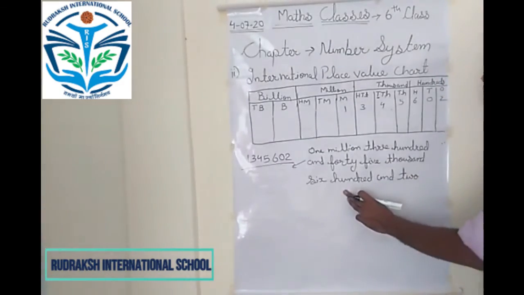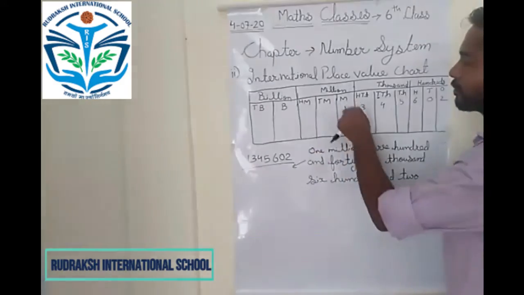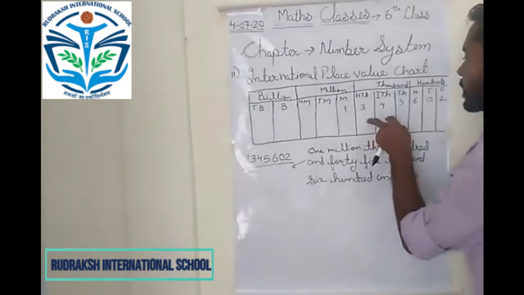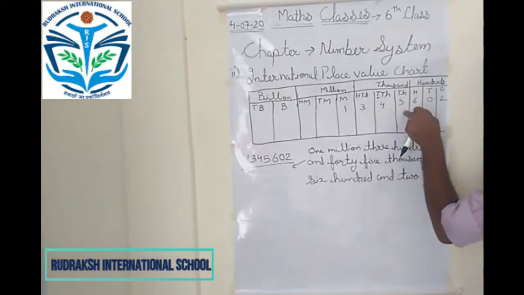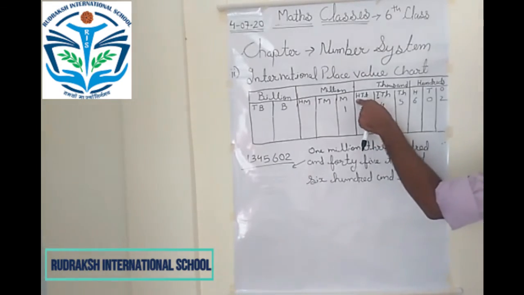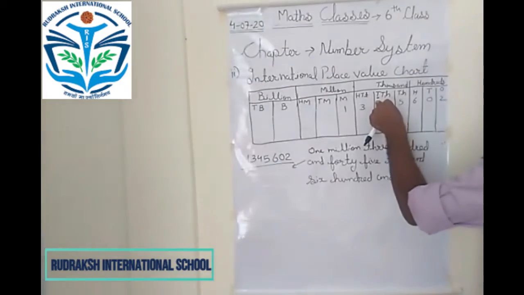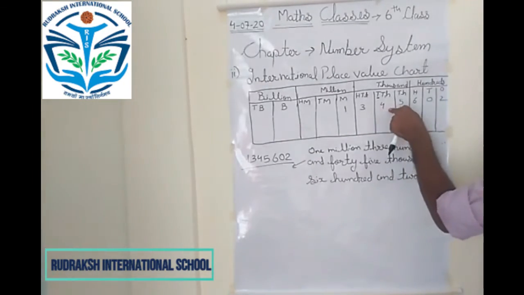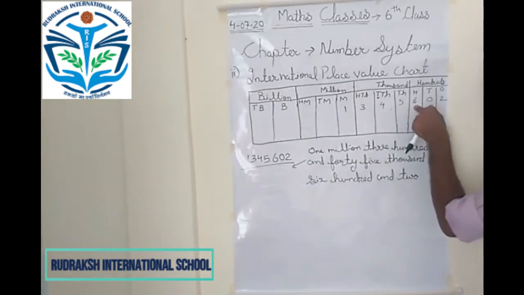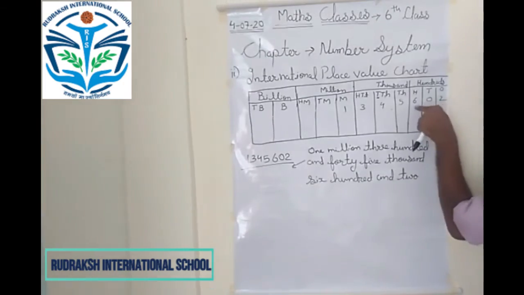So this will be the arrangement and sequence of this number in the international place value chart. As you can see here, the 1 comes under the million, so it will be 1,000,000. 3, 4 and 5 come under the 1000 category, so it will be 300 because here it is hundreds, 340 because here it is tens, so 345,000. 6 comes under 100, so 600, and we don't have anything under 10, so it will be 0, and here we have 2, so it will be 602.